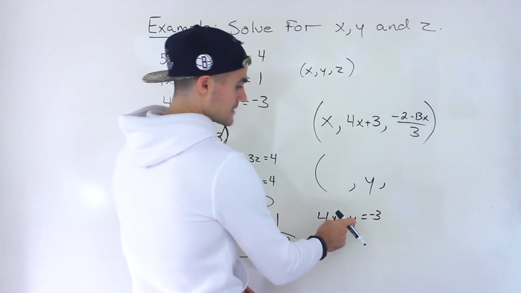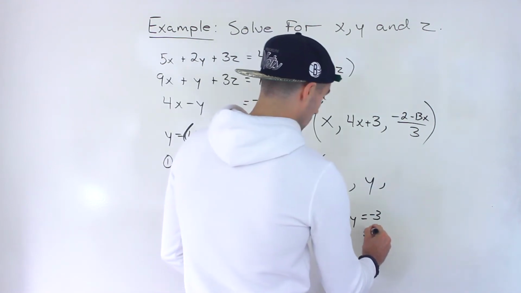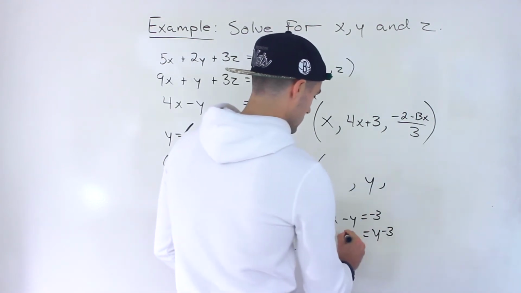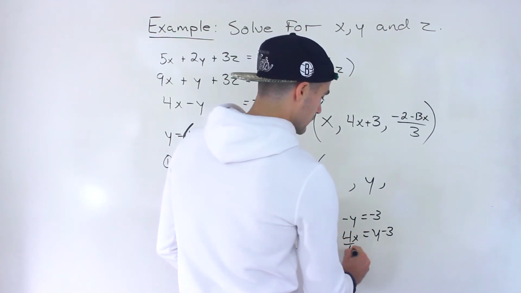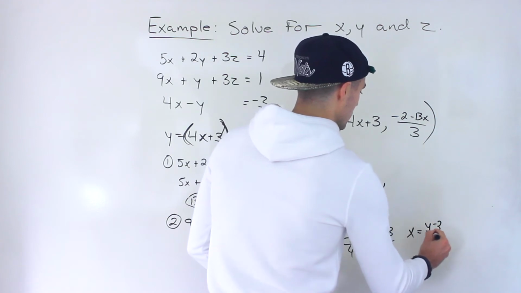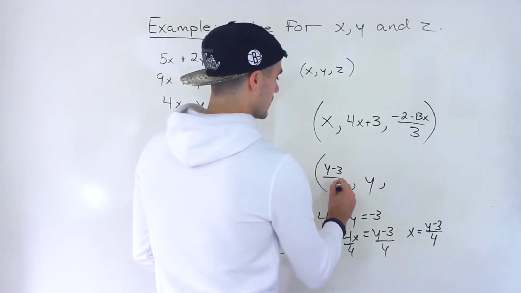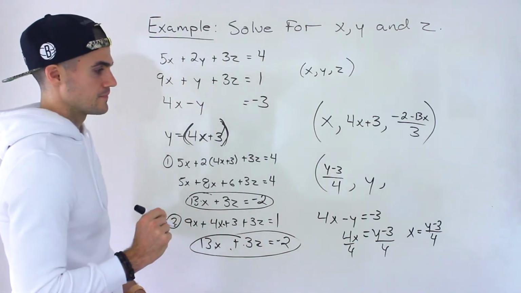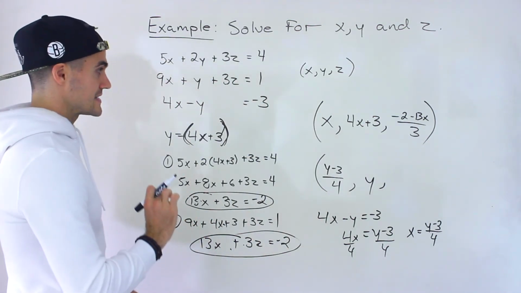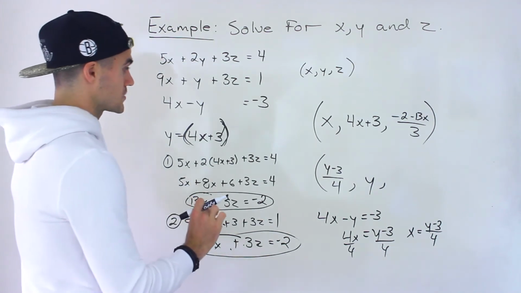We'd isolate for the x, bring the y over. So we'd have y minus 3 is equal to 4x, then divide both sides by 4. So x would equal y minus 3 over 4.